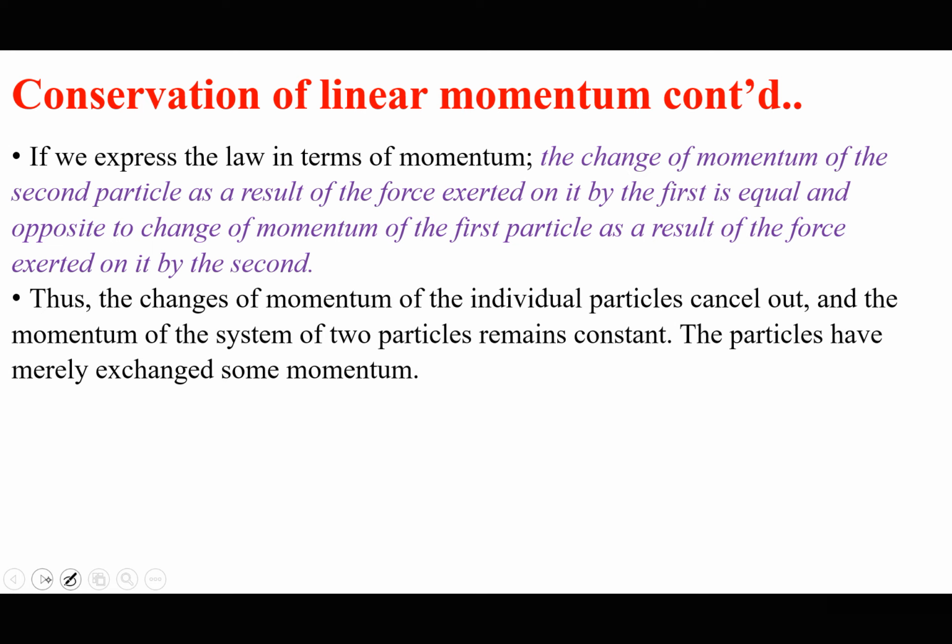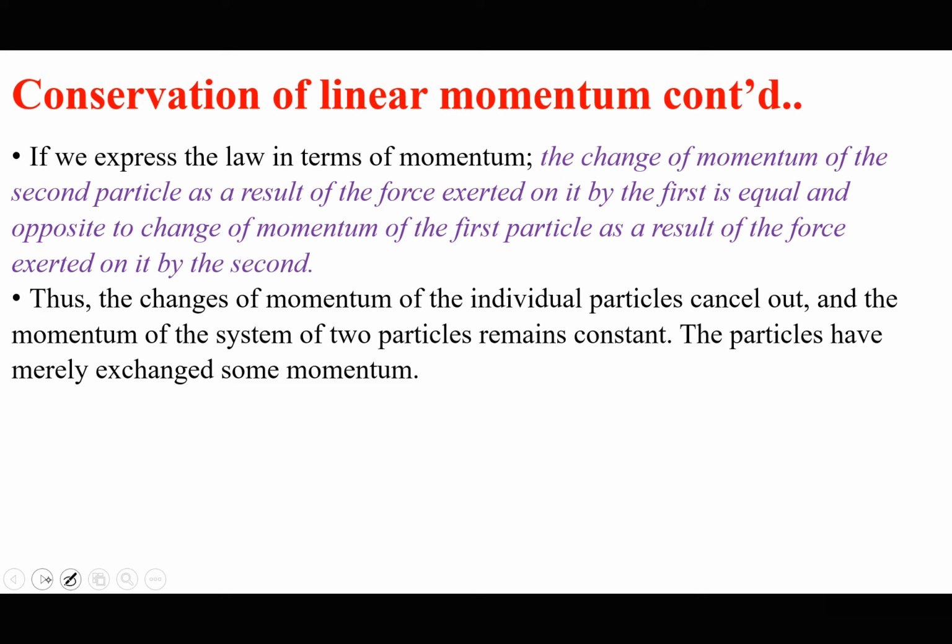Thus, the changes of momentum of the individual particles cancel out, and the momentum of the system of two particles remains constant. So the total momentum remains constant because the changes cancel out. The particles have merely exchanged some momentum. So the total momentum has remained the same because the differences are equal but opposite.